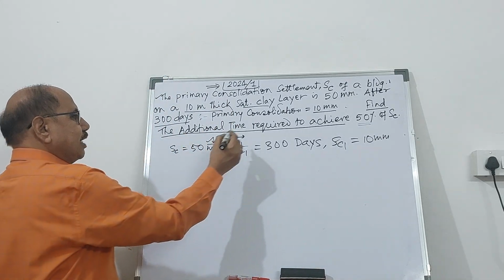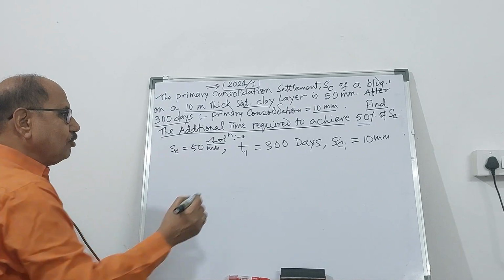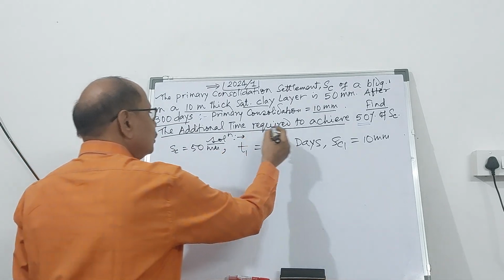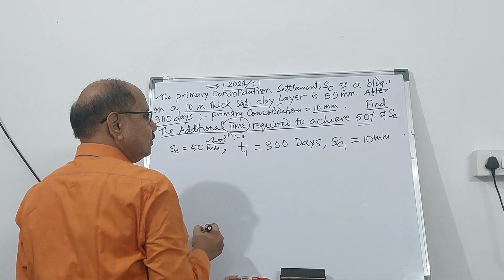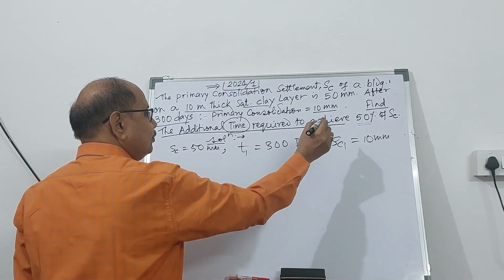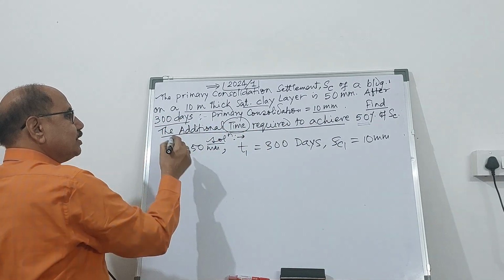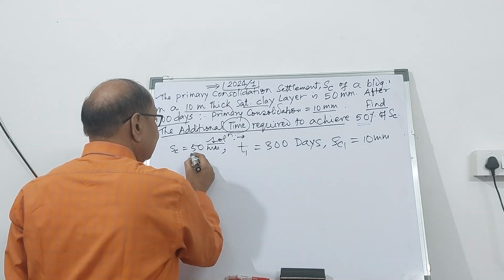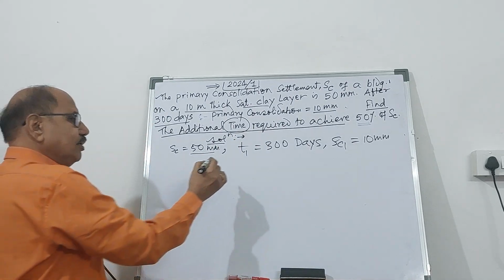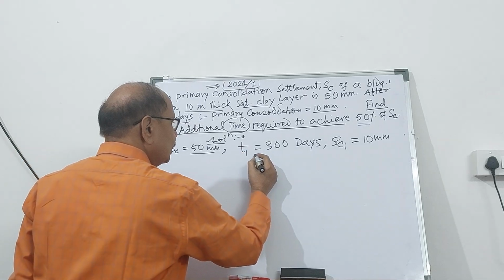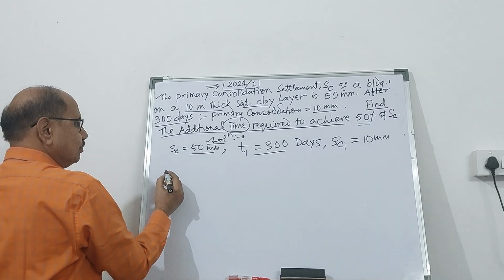Find the additional time required to achieve 50% of SC. Now, you need to find out the time required, T, to achieve 50% of the total settlement. The total settlement is given as 50, and for T1 equal to 300 days, SC1 is given as 10.